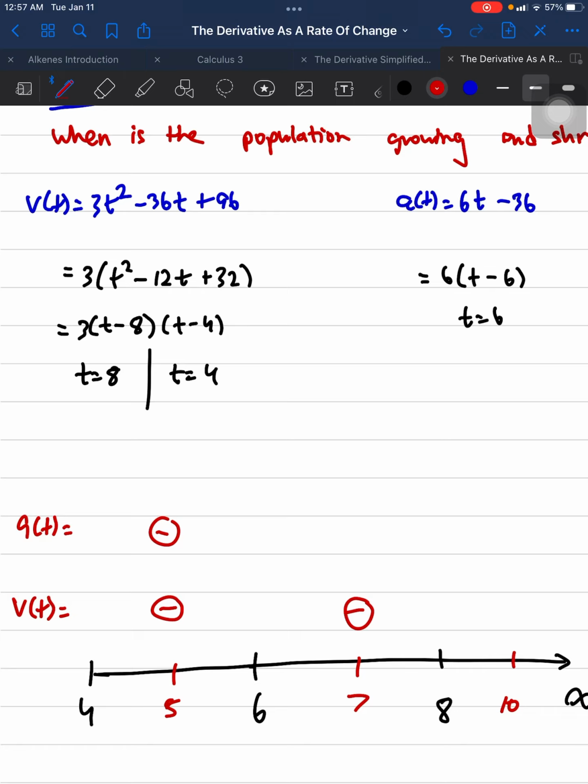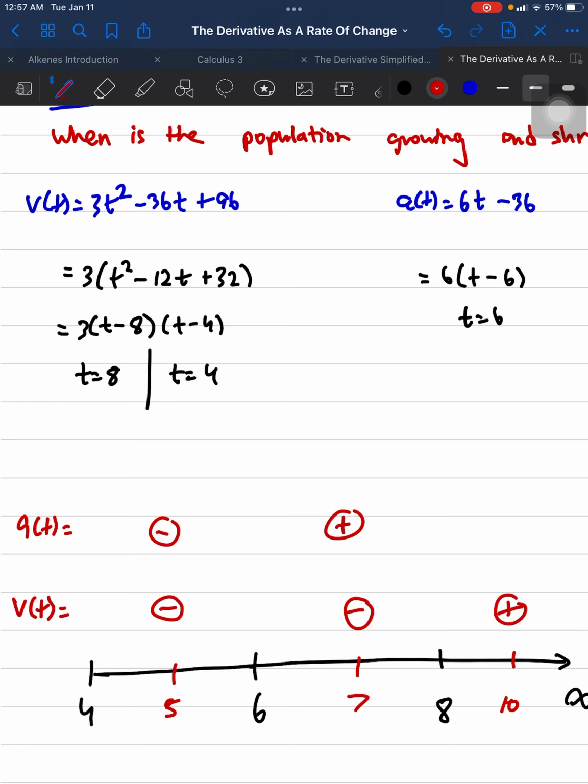We get a positive number, positive 36. And when we plug in 7 into the acceleration function, we get positive 6, so positive value.